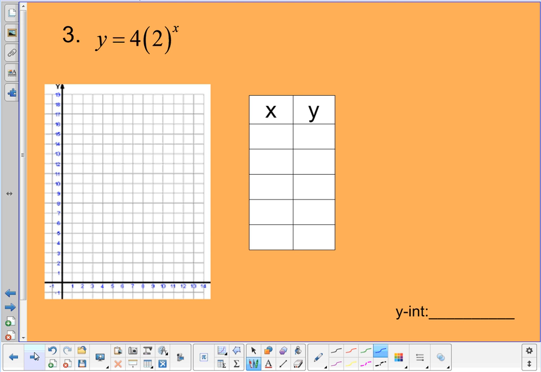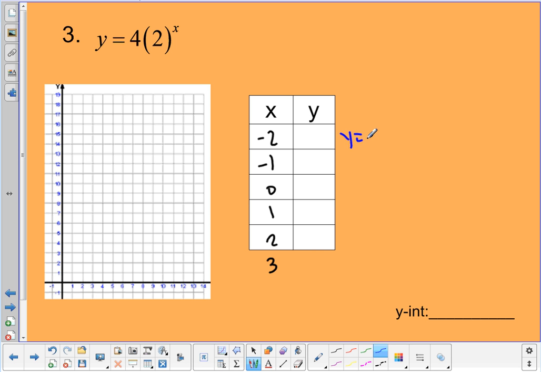Let's try number 3. In number 3, I've got y is equal to 4 times 2 to the x power. So I'm going to, again, number my values the same way: -2, -1, 0, 1, 2, and 3, that one that's going to go right off your table a little bit. Then I've got to plug them in.